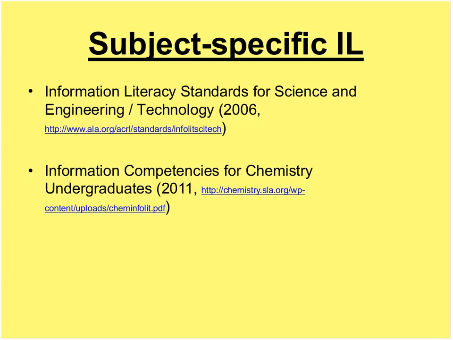And you might also be aware that for some subject areas, they also work specifically on information literacy standards or information competencies. In the case for me, where I work a lot with the chemistry students, I took note of the information competencies for chemistry undergraduates. And that was put together by a few different organizations, one of which is SLA, the Special Libraries Association. So that link is available.